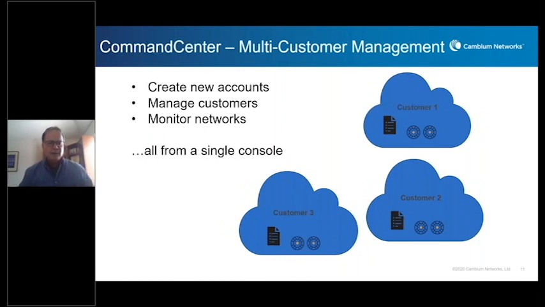But you create a domain for each different client that you're selling Wi-Fi as a service to. Or like we have an international school system and they have a domain for each different location. Some of our larger customers or partners may use this to manage proofs of concept. So as a partner, you're going out to do a proof of concept for a customer. Well, your engineers create a new domain in Command Center.